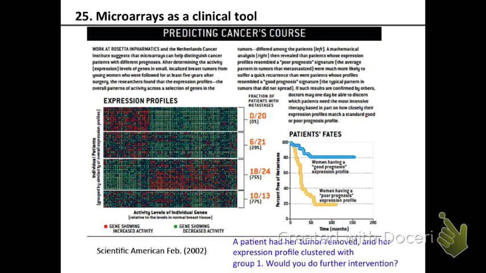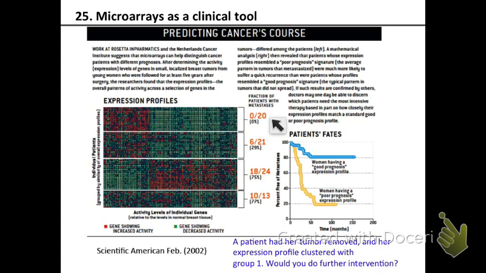Okay, so let's say you are that doctor, right? You had a patient and you removed her tumor, and you also had the microarray data and looked at the expression profile of this patient and clustered it with the known other patients, and you found out your patient's expression pattern is similar to this group of patients shown here.